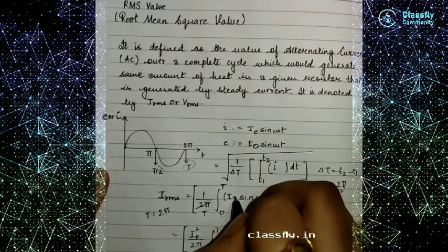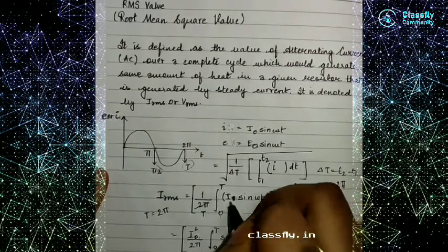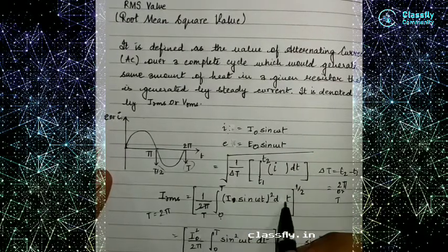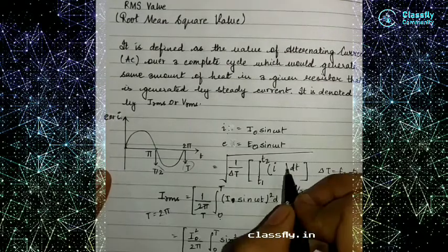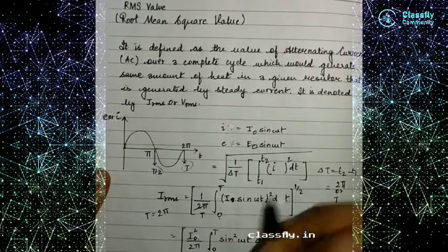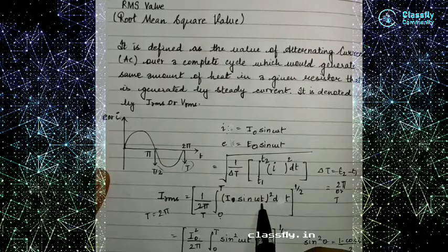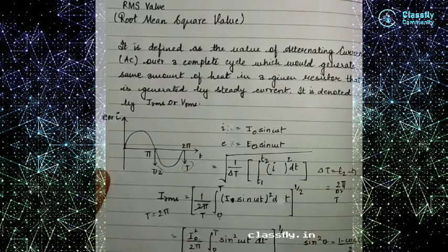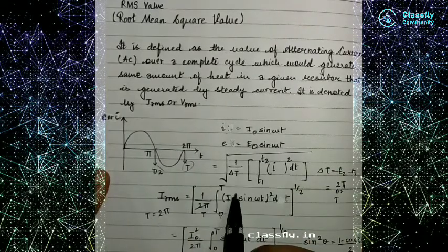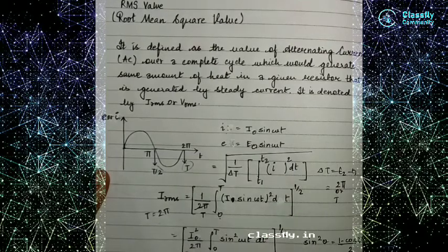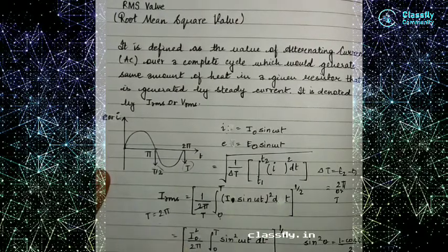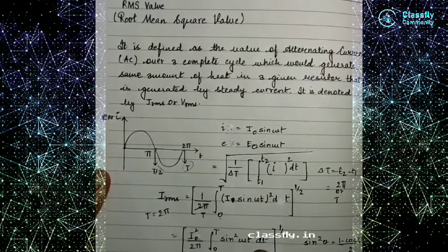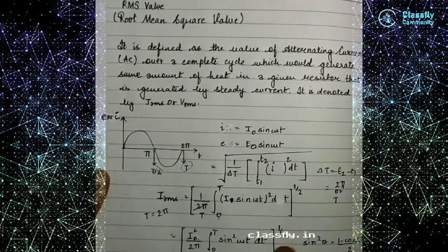I naught sin omega t is an instantaneous value, squared, dt. Root mean square, so we also have to take the function I squared. So I naught sin omega t squared dt, and the half power is the root. We will take I naught squared outside, and write 1 by 2 pi because it was already outside, and integrate from 0 to T sin squared omega t dt, under the root.